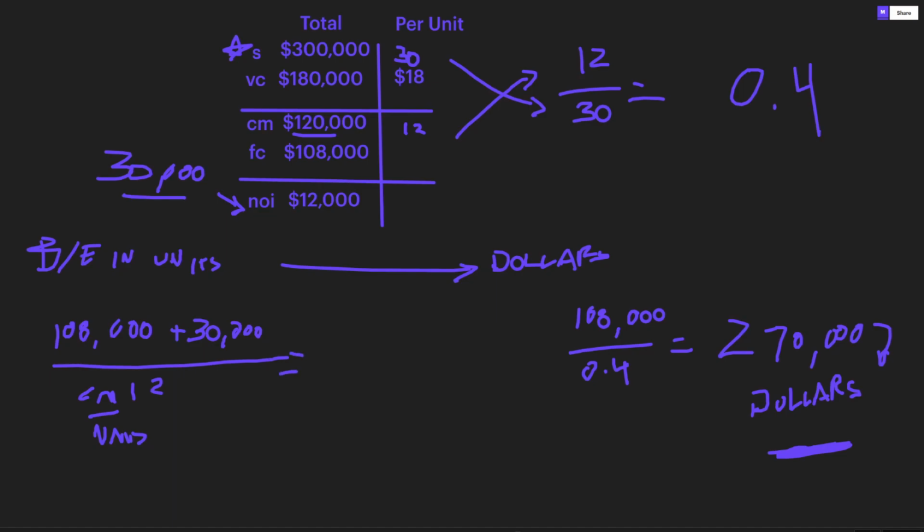And that's how we get 11,500 units. So if we wanted to achieve $30,000 in NOI, obviously we'd still have to take taxes out of this and then we'd get our net income. But for our net operating income, if we wanted to achieve $30,000 of profit, then we would need to sell these 11,500 units.